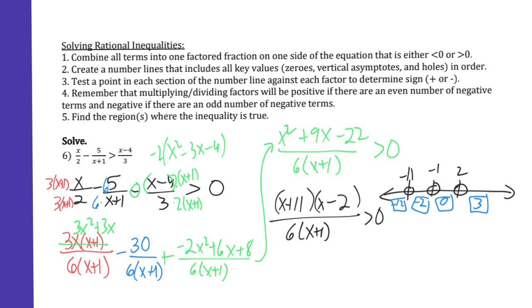Okay, so where do you try it? You can put it in the factored form of the inequality, or you can put it in the original problem. I would get out my calculator and use the top equation. Make sure you put your x in parentheses. If I do -12 squared, I'd put -12 and square it, 144, plus 9 times -12, and then -22.